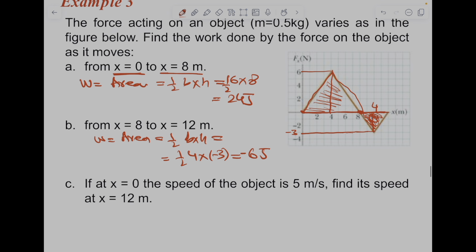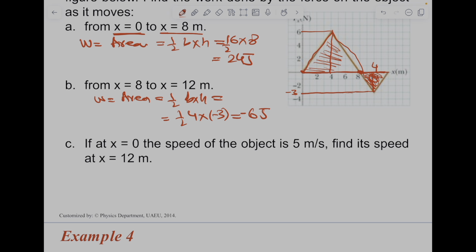Now at x equals 0, the speed of the object is this. Find its speed at x equals 12. We can find speed by using the work energy principle.